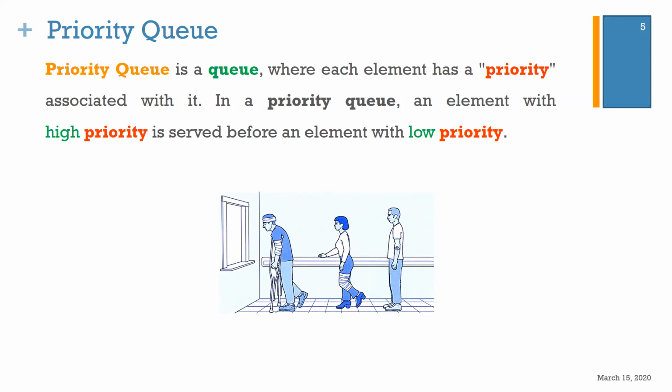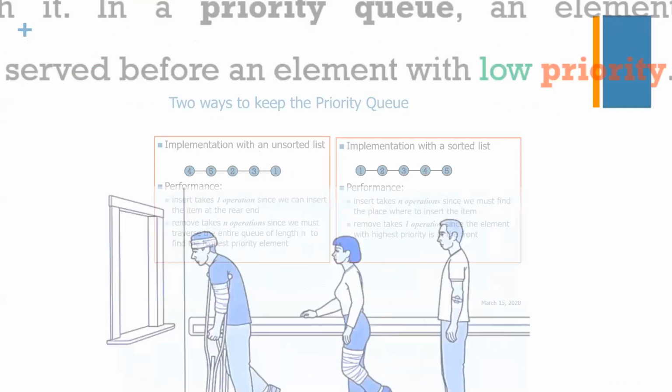So this is a special case of a queue. A queue means first in, first out. But in a priority queue, it's not first in, first out; you serve the highest priority. The high priority is served before an element with low priority.